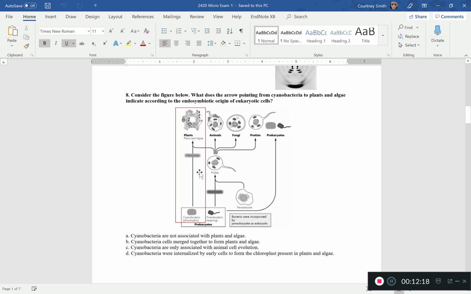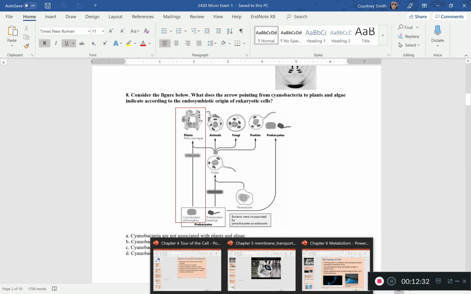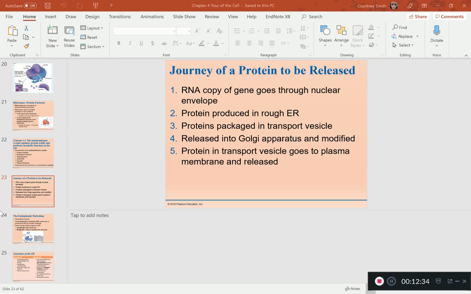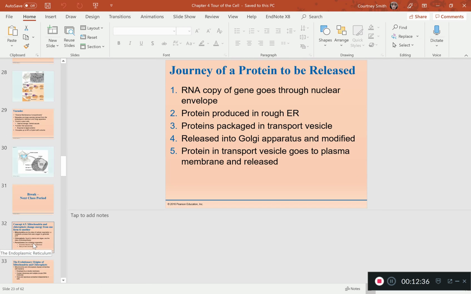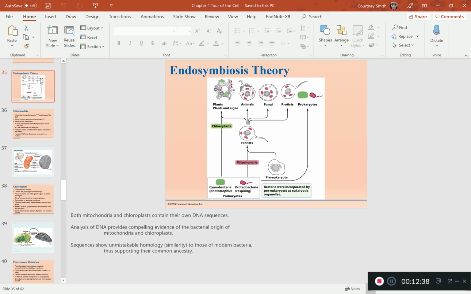So according to the following figure, which of the following statements is true? The theory of endosymbiosis is, theoretically speaking, so I'm going to go back to our figure. Theoretically, what this figure shows is that we had pre-eukaryotic cells, meaning that they had no mitochondria and no chloroplast.